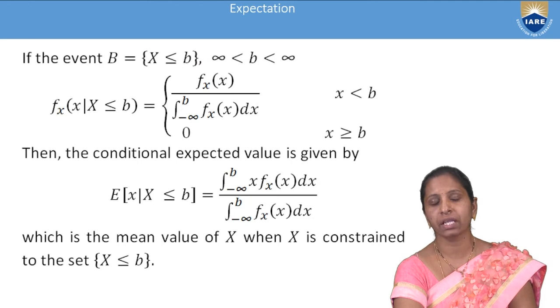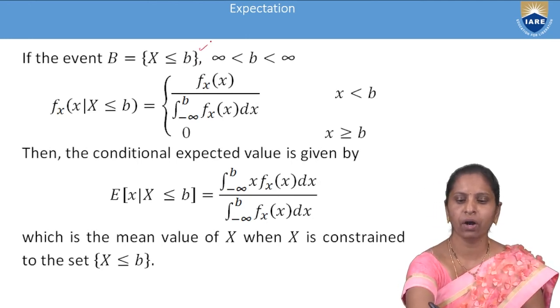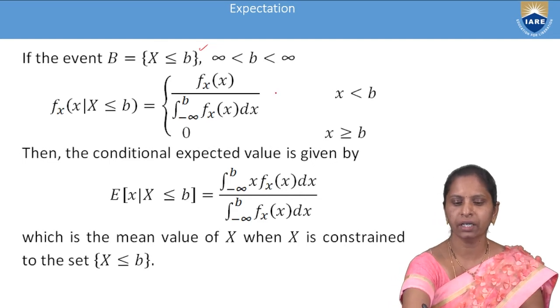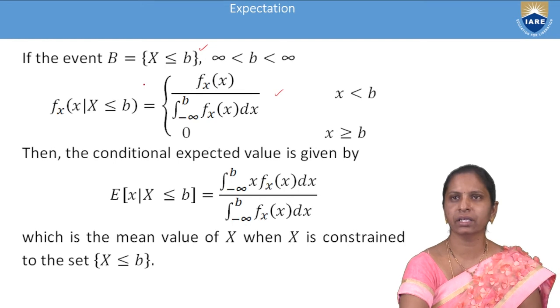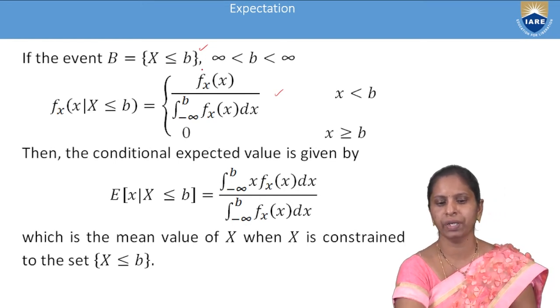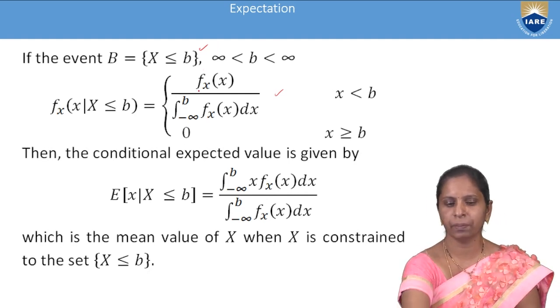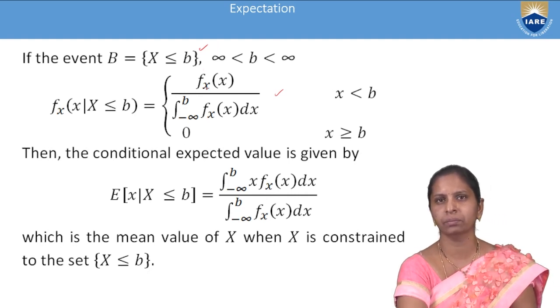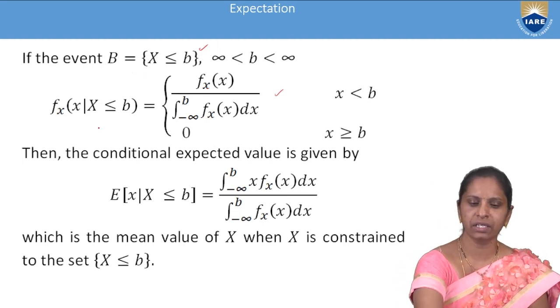Already we have seen in the previous lecture, depending upon the conditioning event, how we have written the conditional density function. For example, if my conditioning event B is x less than or equal to b, where b is a constant which is a real number, then what is the conditional density function?